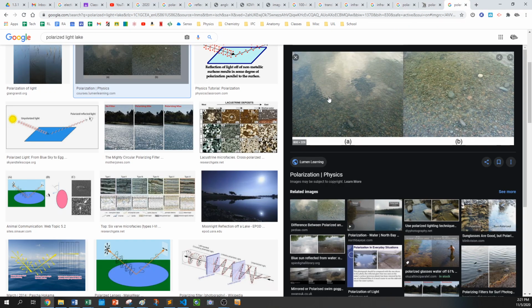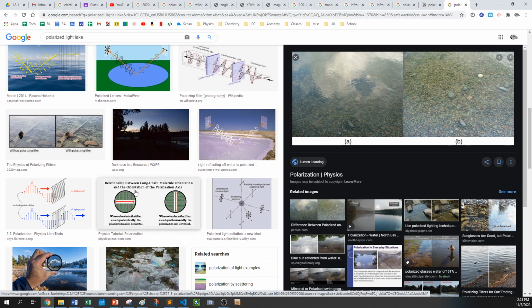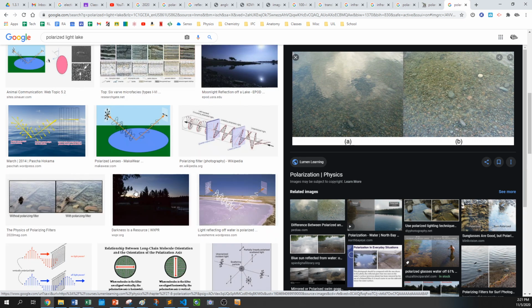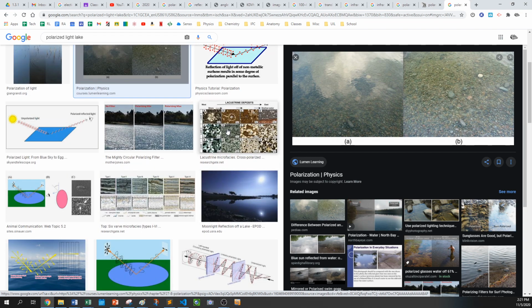So the image on the left was taken without a polarized filter. The image on the right is after you applied a polarized filter blocking out horizontal light. Because the light that would be reflected is more horizontal.